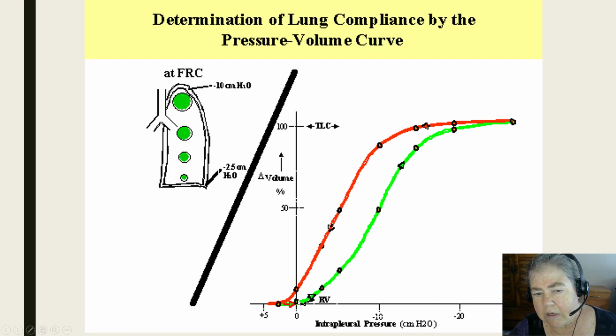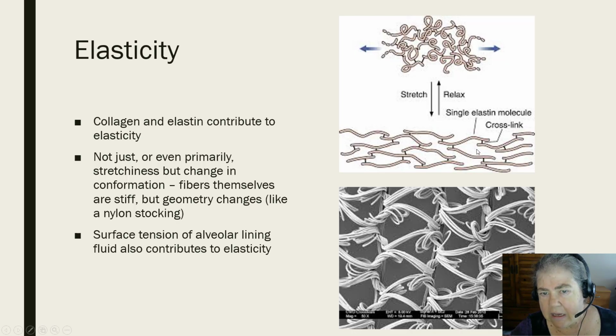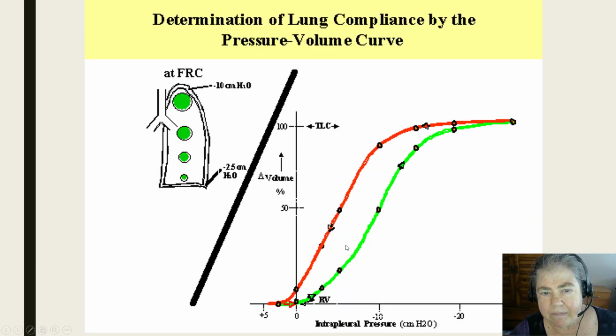As you inhale, decreasing pressure, increasing volume, the curve is further to the right, and it takes a larger increase or decrease in pressure to change volume. And when you exhale, the opposite occurs, moving the curve to the left.